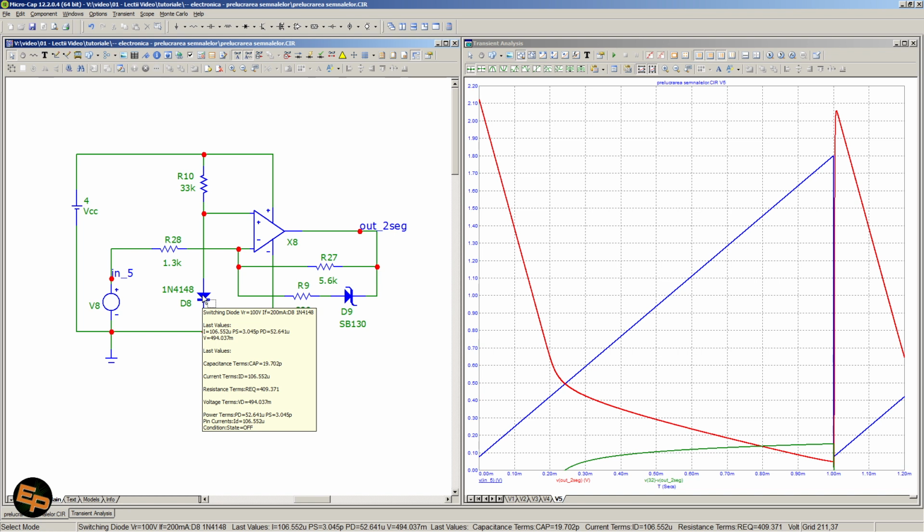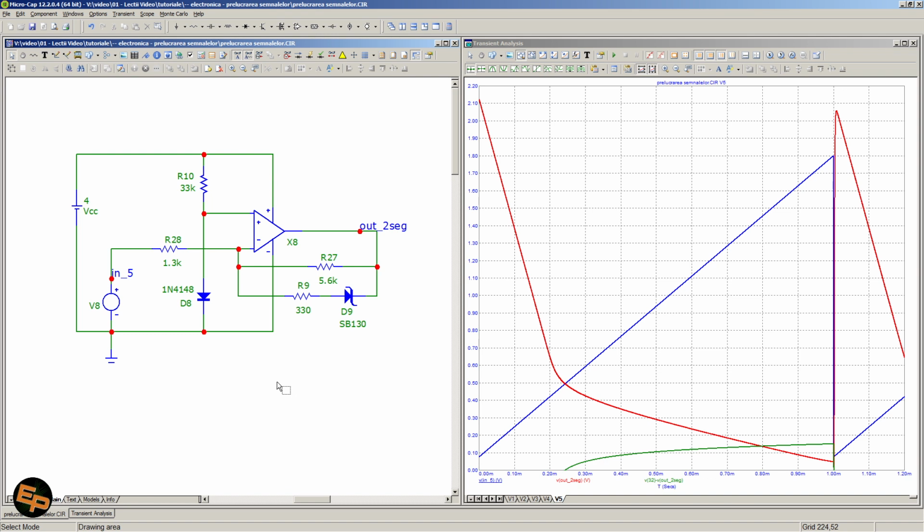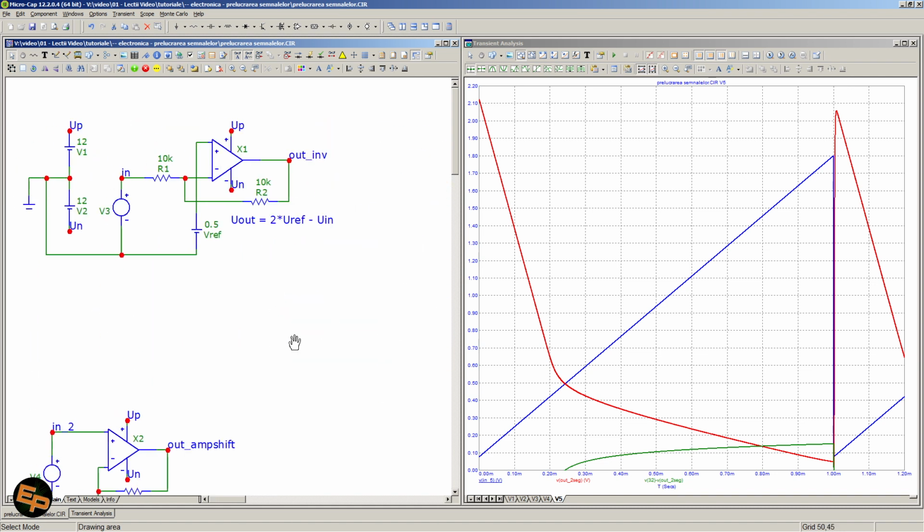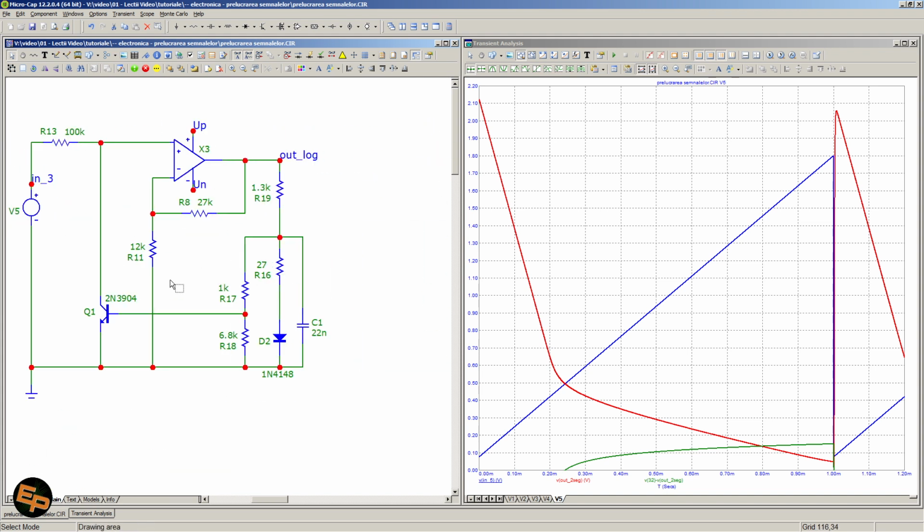In my case, the current was about 100 microamperes, and this reference voltage is used by the op-amp to essentially flip the input signal around, but not around 0 volts, around some other voltage. Essentially, this is more or less identical to the first example that I've shown you.